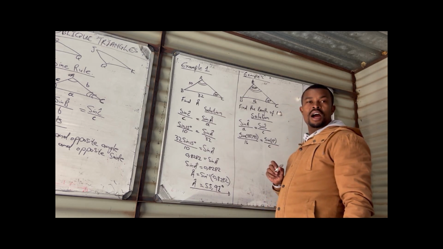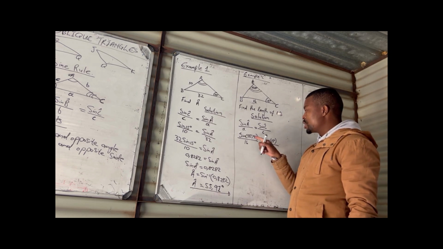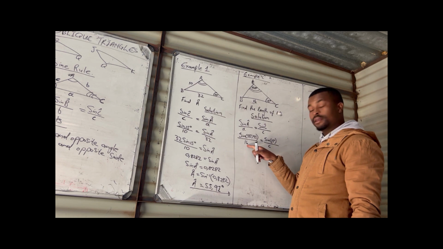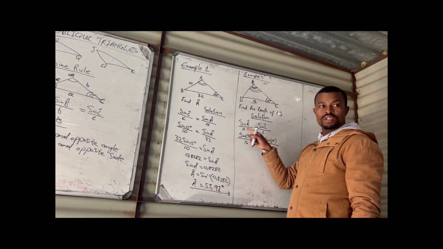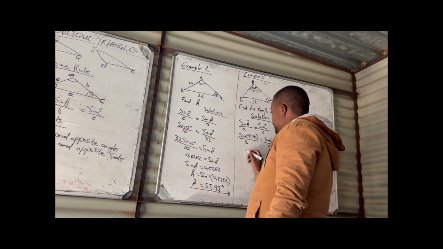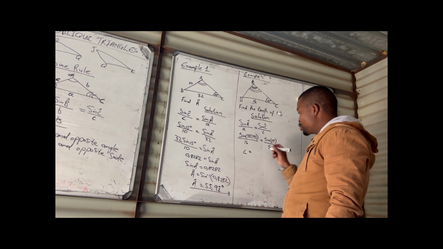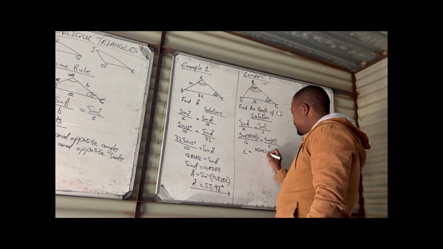We cross multiply. AB times sine of 55.91 degrees equals 16 sine 15 degrees.